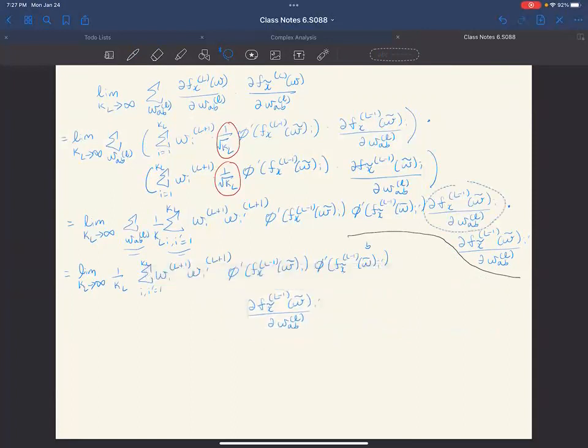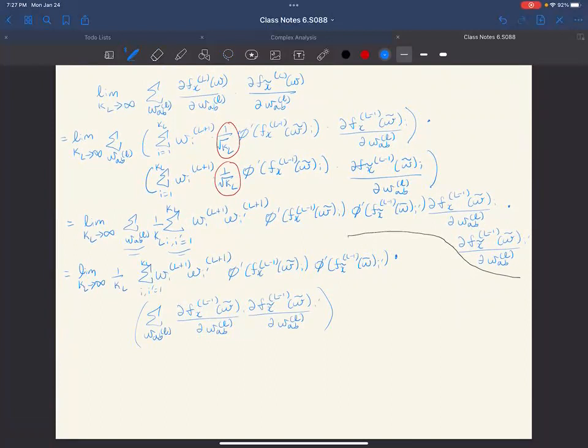Oops, I have to copy this one. Okay. So now my sum is exactly over the W_ABLs here. I have this whole thing times this.